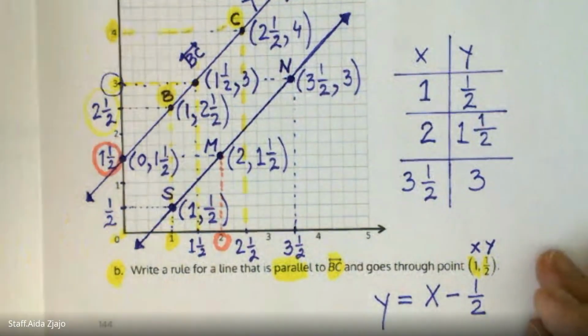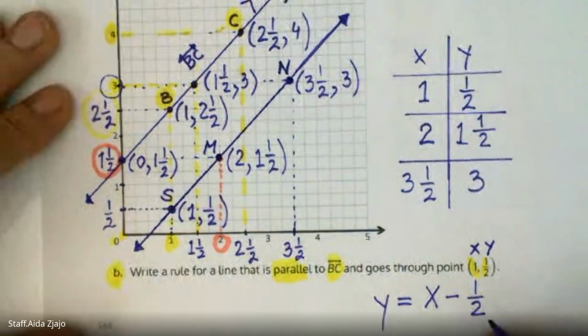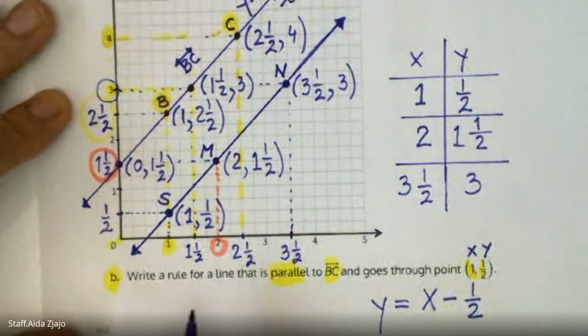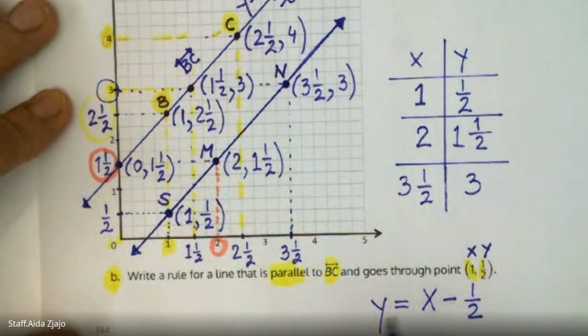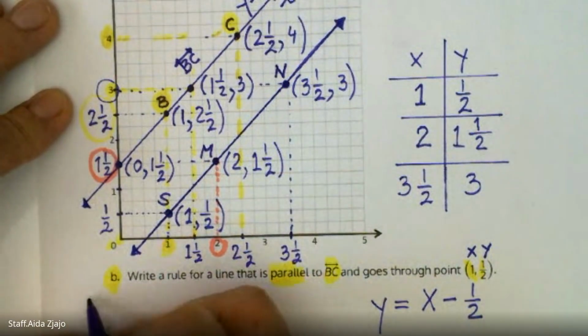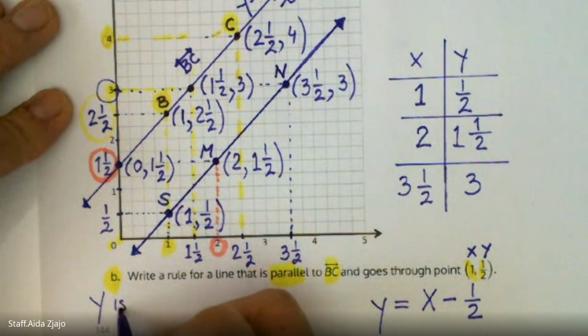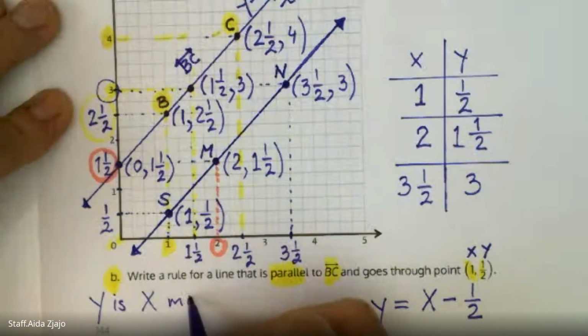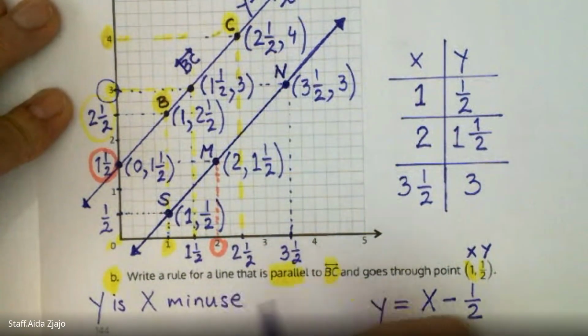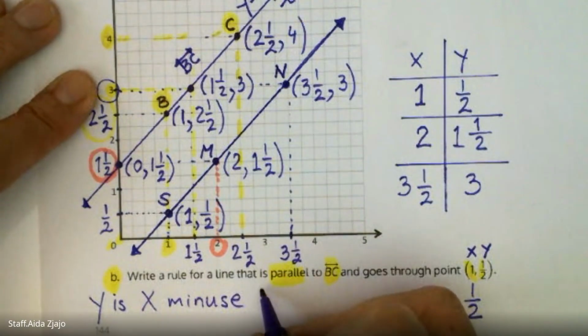All right, so minus half. What is the rule for the parallel line? We can say y is x minus half.